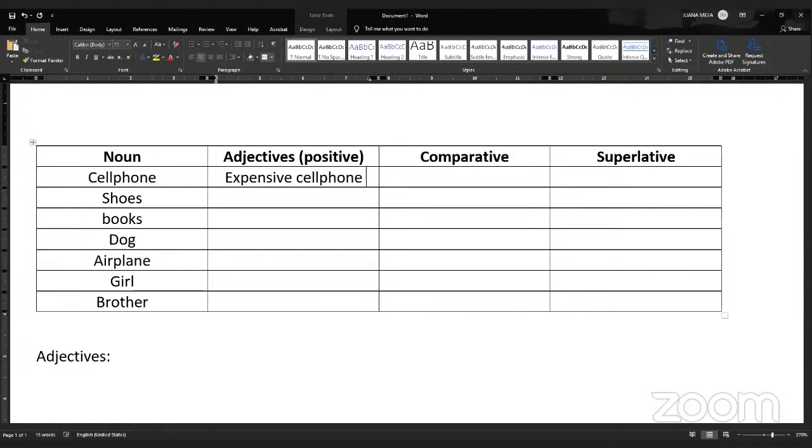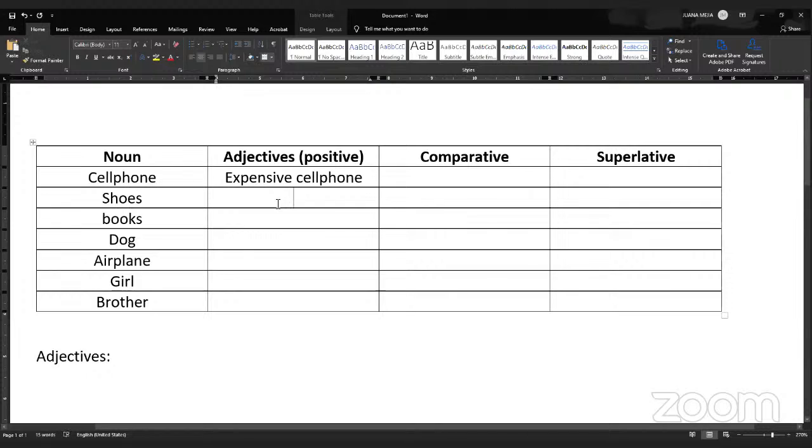Expensive is the adjective, and this adjective is describing or modifying, in this case, the noun cell phone. Expensive is an adjective giving more information about that noun. In this case, it's describing that the device costs a lot of money. Expensive cell phone. Expensive is the adjective in positive.